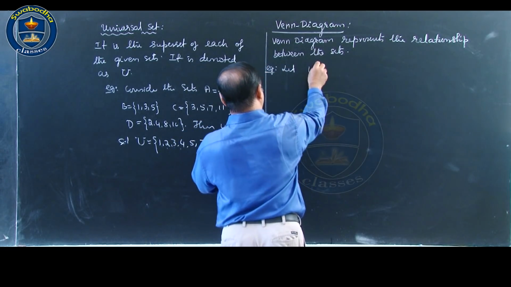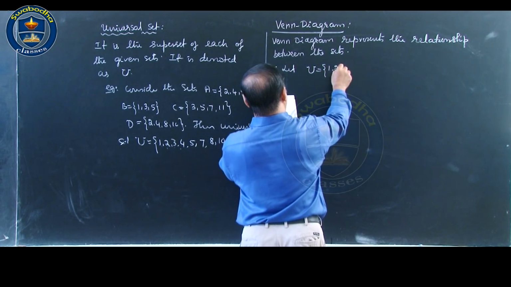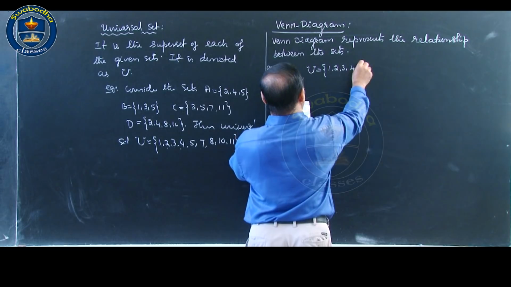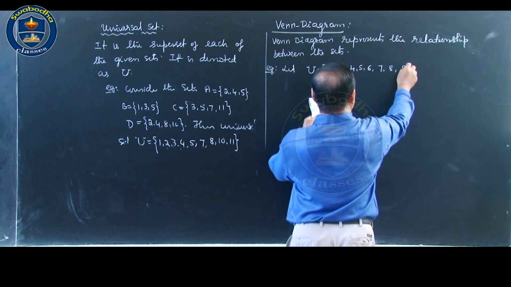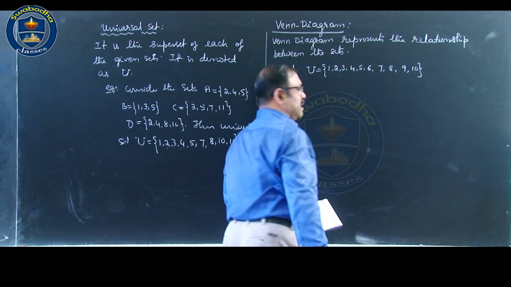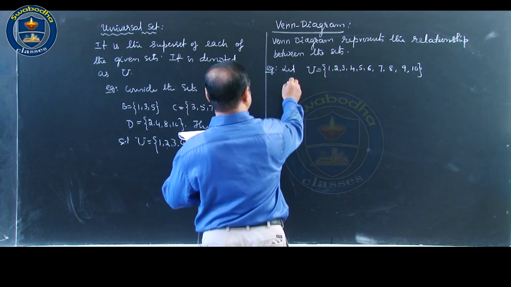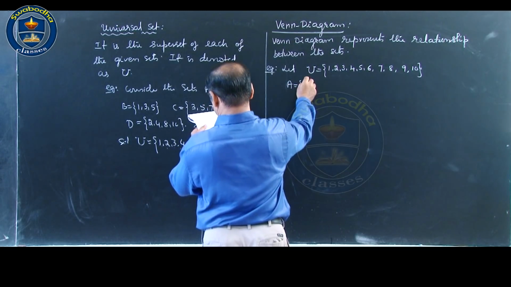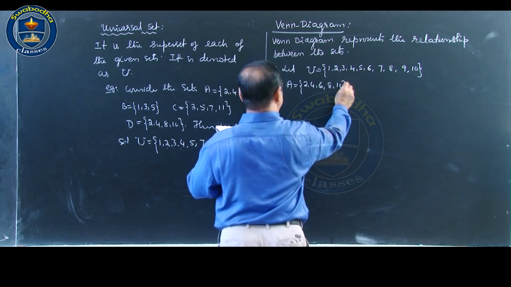Let us write. Let set U is equal to 1, 2, 3, 4, 5, 6, 7, 8, 9, 10. So this is the universal set. Next, let us consider A. A is 2, 4, 6, 8, 10.